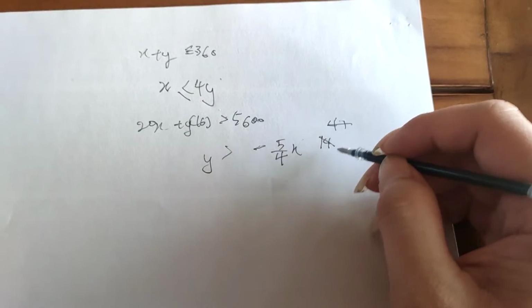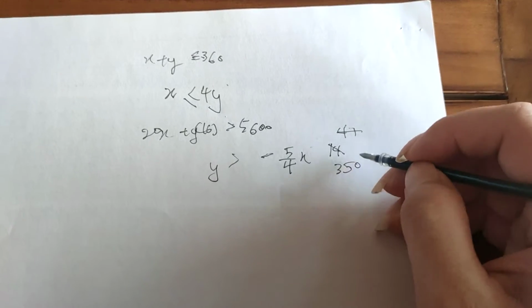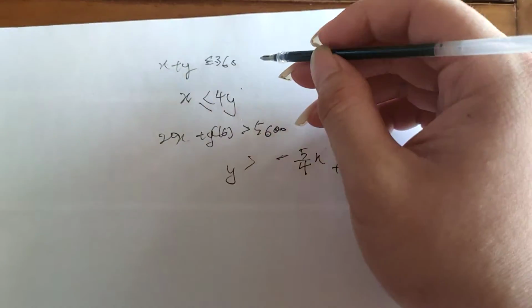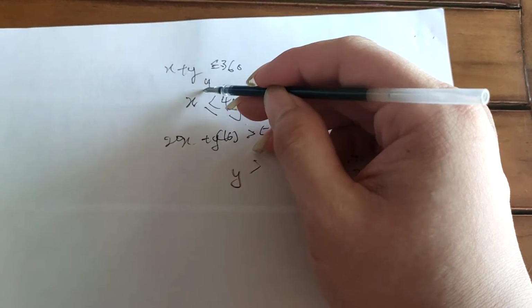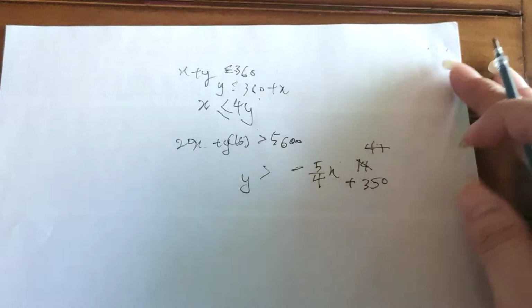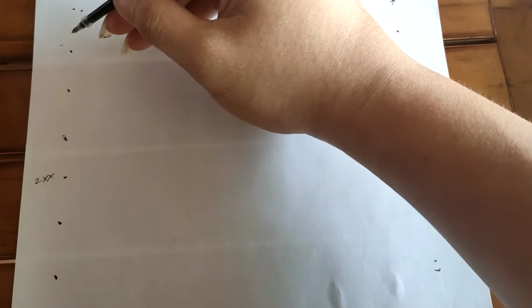Three and 5. And this one will give y starting from 360. The first equation will start from 360.